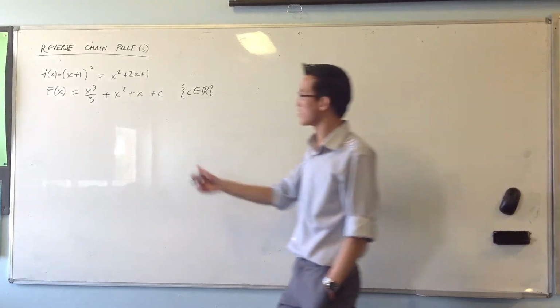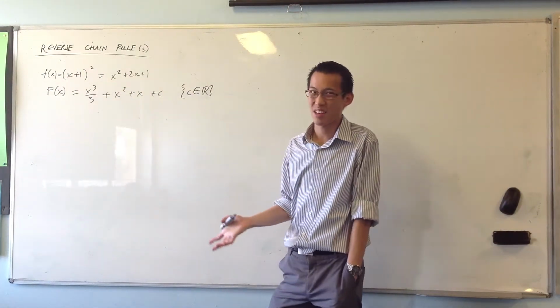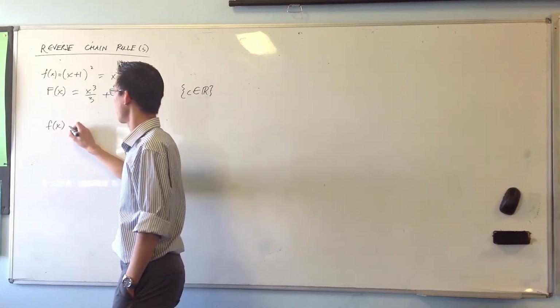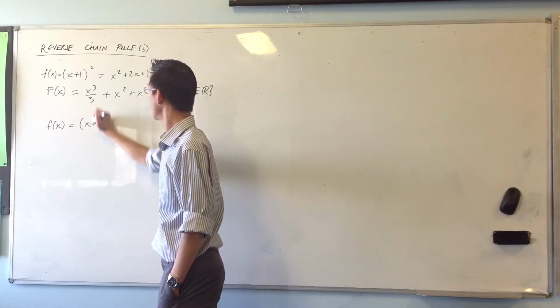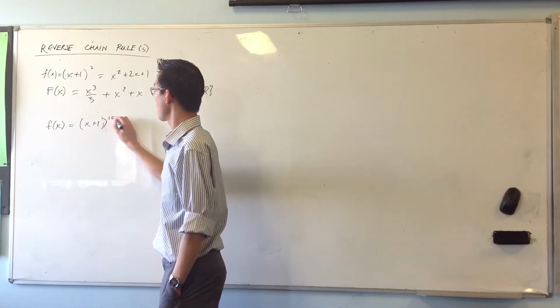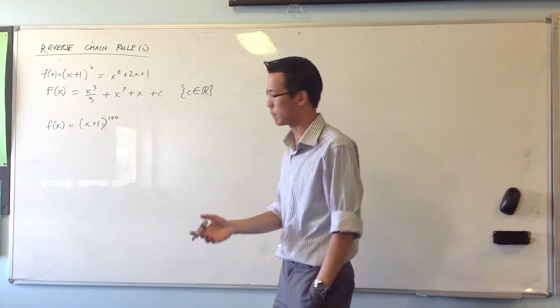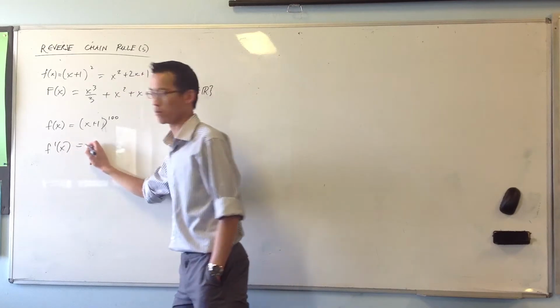But this is okay since the power is 2, but if the power is higher, it starts to get a bit of a pain. So when we had something like this, sorry, let's leave that as a 1. If we made the power 100, just like with differentiation, let's work out what f dash is, so that we can practice chain rule.